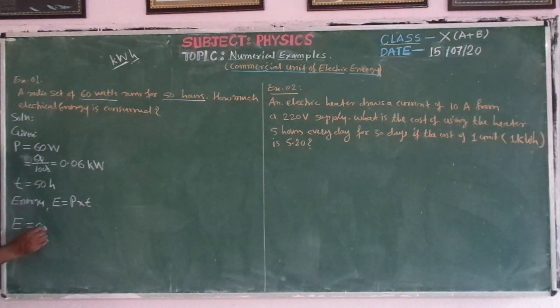This, 0.06, into T, it is 50. क्या हो जाएगा? ये हो गया 300 और 2 के बाद, that means it becomes now 3 kWh.